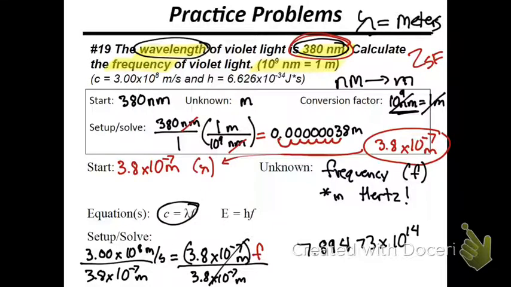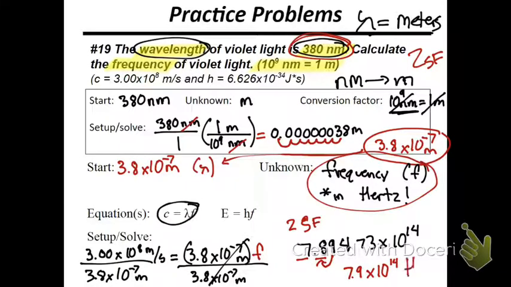So our final answer should also have 2 sig figs. Underline your top 2 place values. Round, in this case, we're going to round up, and your final answer should be 7.9 times 10 to the 14th. Don't forget your unit. Hertz.